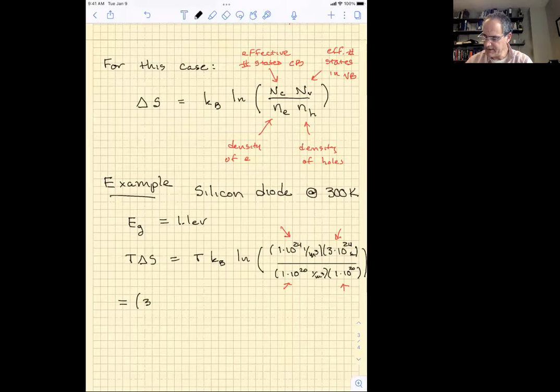Furthermore, the temperature is 300 Kelvin. Boltzmann's constant, I'm going to write down here in units of electron volts per degree Kelvin, and it's 8.67 times 10 to the minus 5 electron volts per degree Kelvin. And then we have this term, natural log of, well, if you evaluate this, it's 3 times 10 to the 8th.